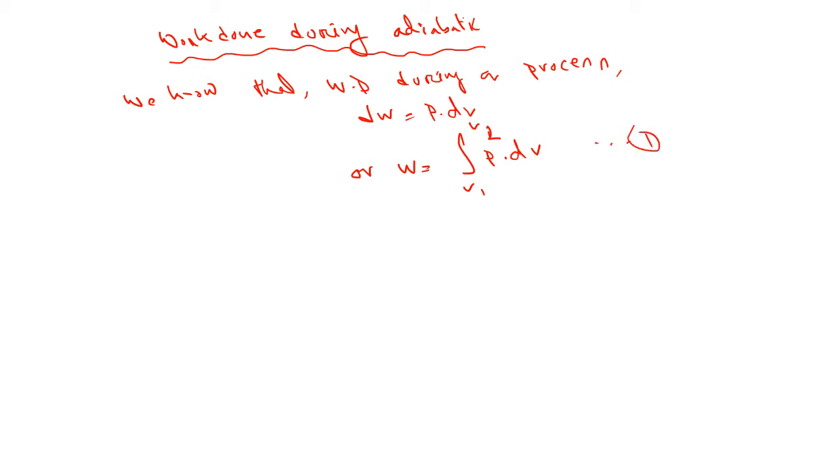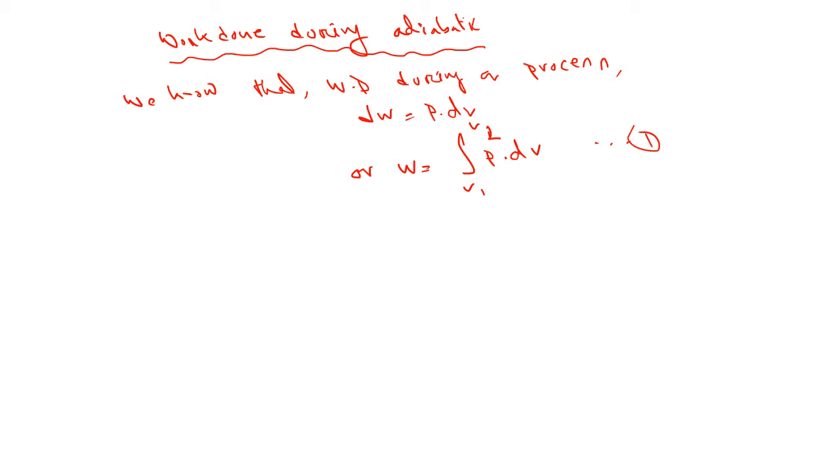One more important thing is that to get work done, one very important condition is that the volume must change. Here the volume changes from V1 to V2, and also in the isothermal process our volume changes. If there is no change in volume, then we do not get any work done.